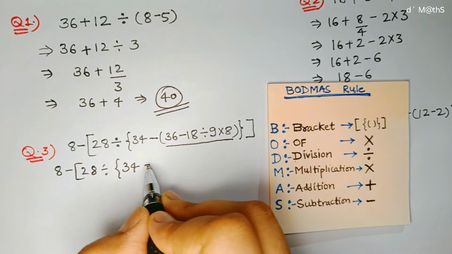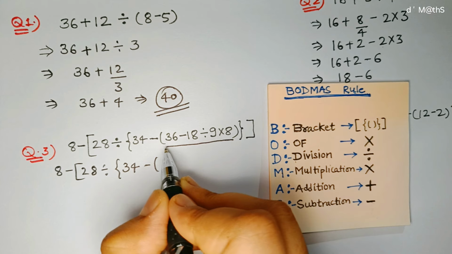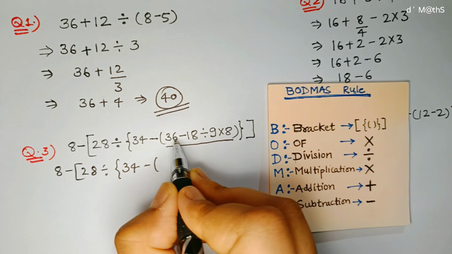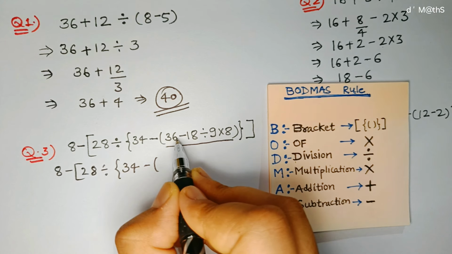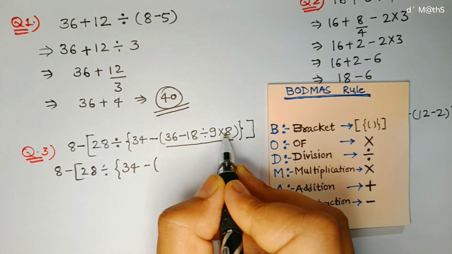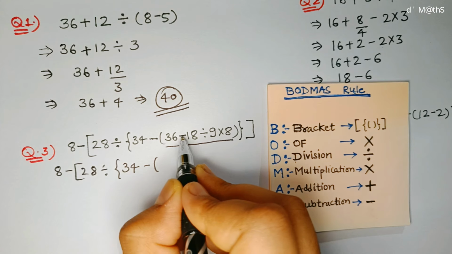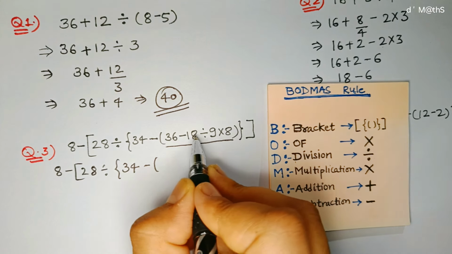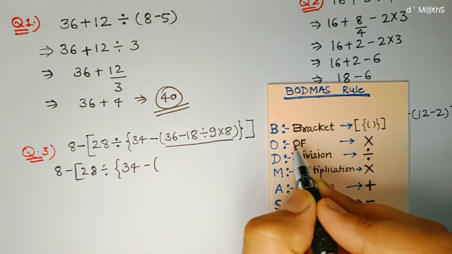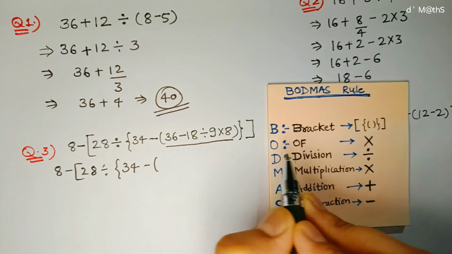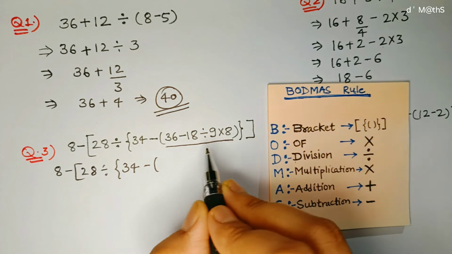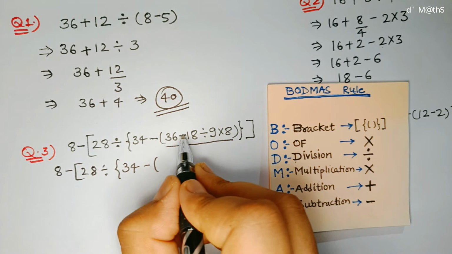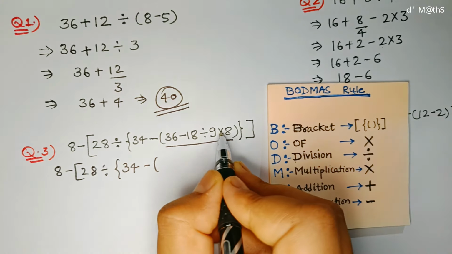So 34 minus bracket. Then in this bracket you can see that a lot of signs are used. So which sign will you break first? You will first break the division. You are choosing which sign to break first, whether minus, division or multiplication.